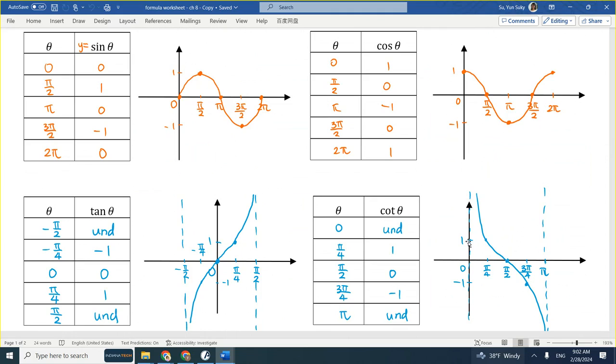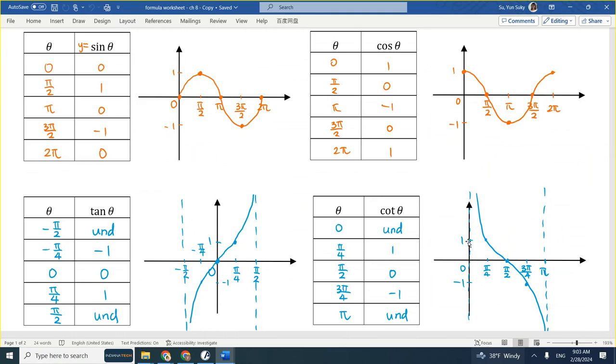The period is 2 pi. Those 5 key points come from dividing the interval 0 to 2 pi into 5 pieces, and you draw those 5 key points. Then tangent and cotangent. The graph of tangent looks like x cubed, and the graph of cotangent is like you flip it upside down.